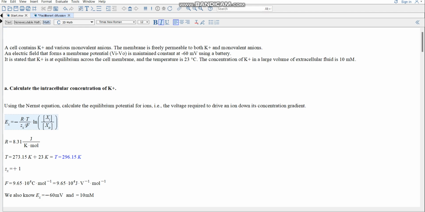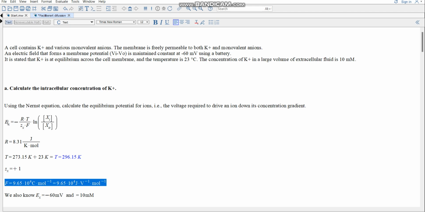Okay? So the gas constant R is fixed to being this. The temperature we know is 23 Celsius degrees, which is the same as 296.15 Kelvin. Then we also know that the ion valence for potassium is +1. And the Faraday constant is fixed to being this.